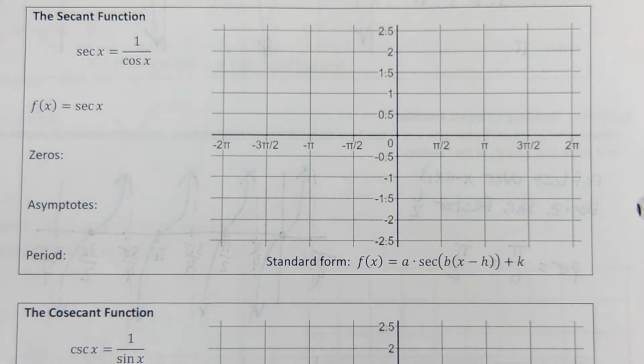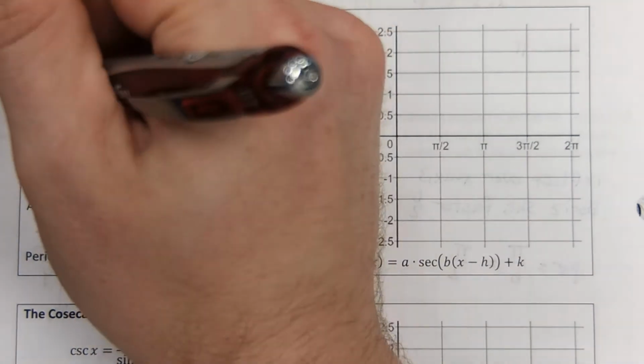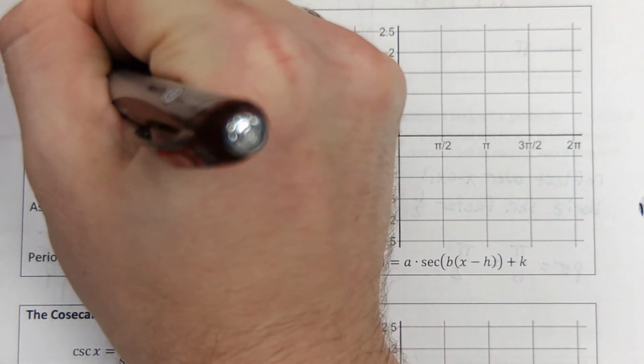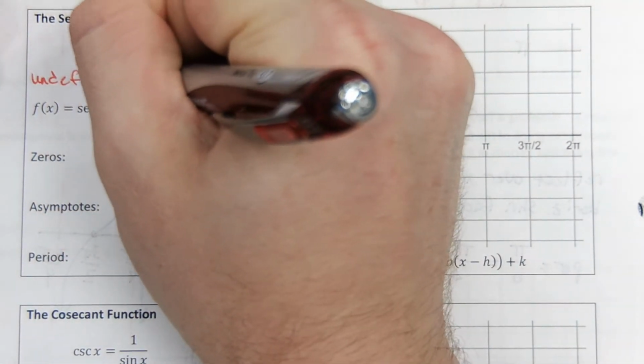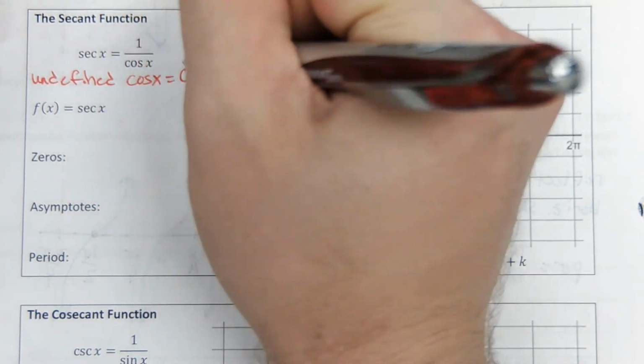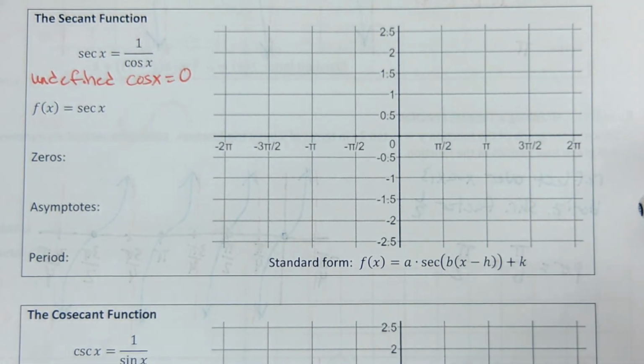The only problem is cosine of x has the ability to be equal to 0. That means secant of x has the ability to be undefined at an infinite number of places, because it is undefined when cosine of x equals 0, and we've already talked about where that happens.